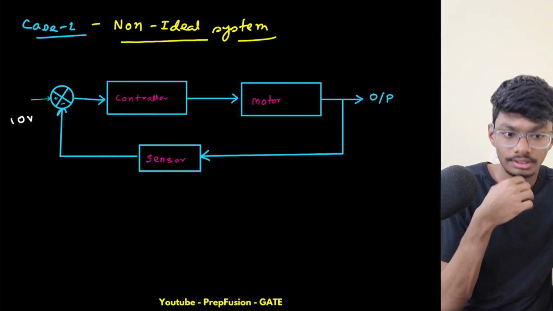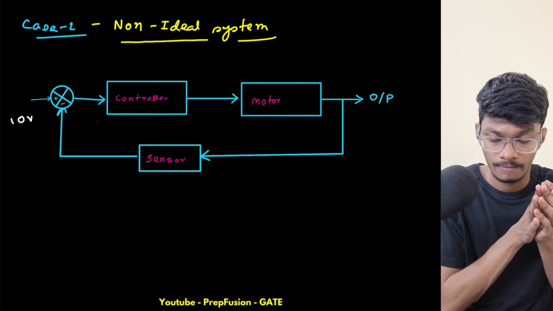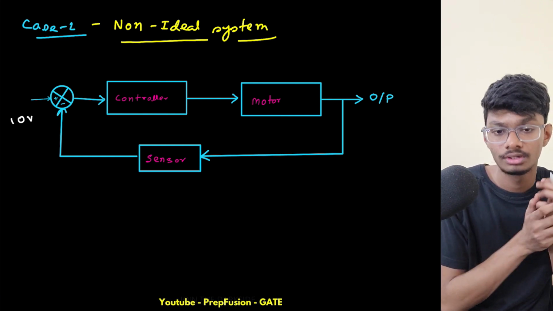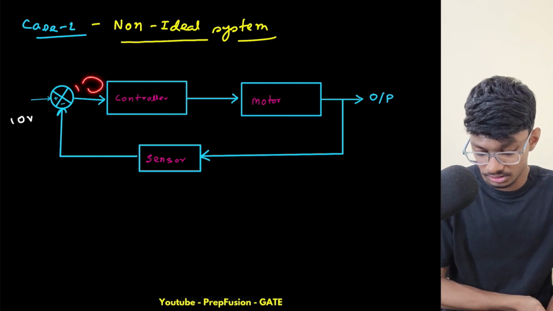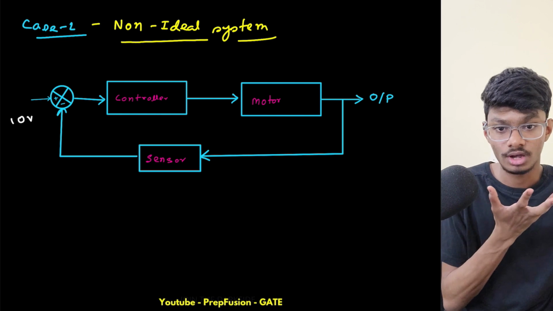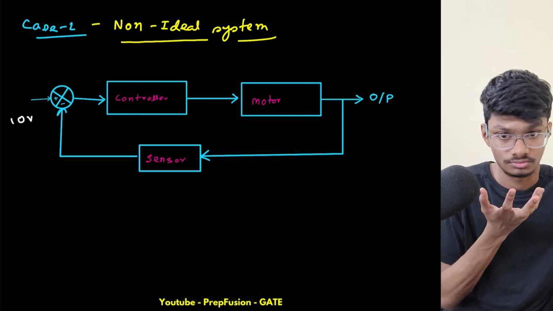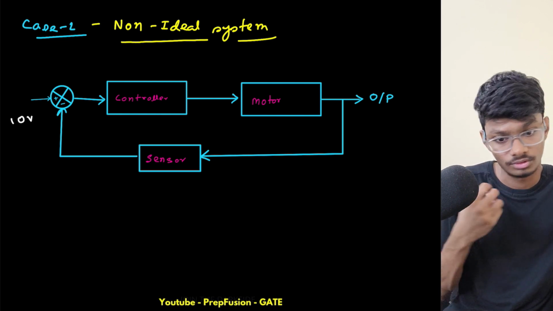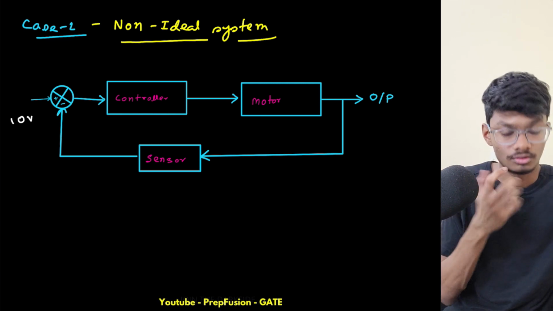But let's say it has reached steady state. What is the condition for steady state? The input to the controller should be 0. Now it may so happen that the input to the controller isn't 0. It can be 0, it cannot be 0. Why? I'm explaining.